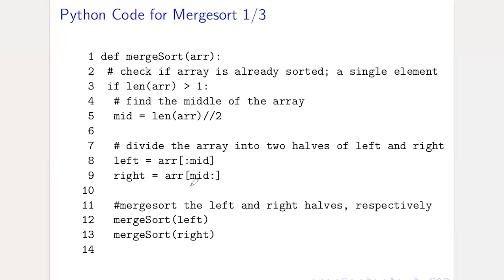So this is the start and this side is the end. That would be the natural end of the array, the maximum value, and this would be the natural start of the array, the original start to the middle point. Now you have two subarrays, and you will call merge sort on the left side of the array and then on the right side of the array. So this is the recursive call that happens.